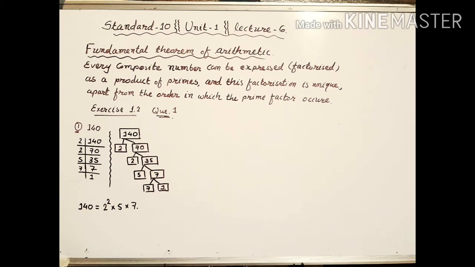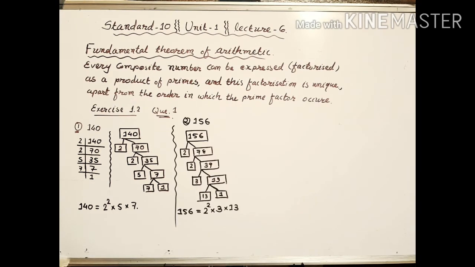Let's see the sum number 2. We are given the integer 156, and factors of 156 with 2 are 2 into 78, and then factors of 78 are 2 into 39, then factors of 39 are 3 thirteens are 39, and factors of 13 are 13 into 1.